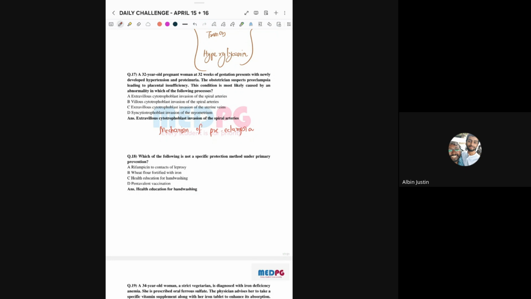But in preeclampsia, there is inadequate trophoblastic invasion, leading to spiral arteries remaining narrow and high resistance. Okay, so there will be placental ischemia. So we say there is a failure of the second wave of trophoblastic invasion.